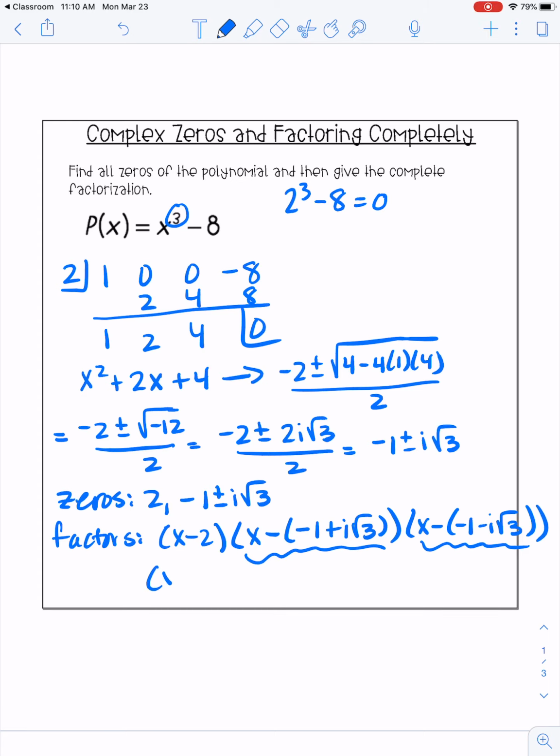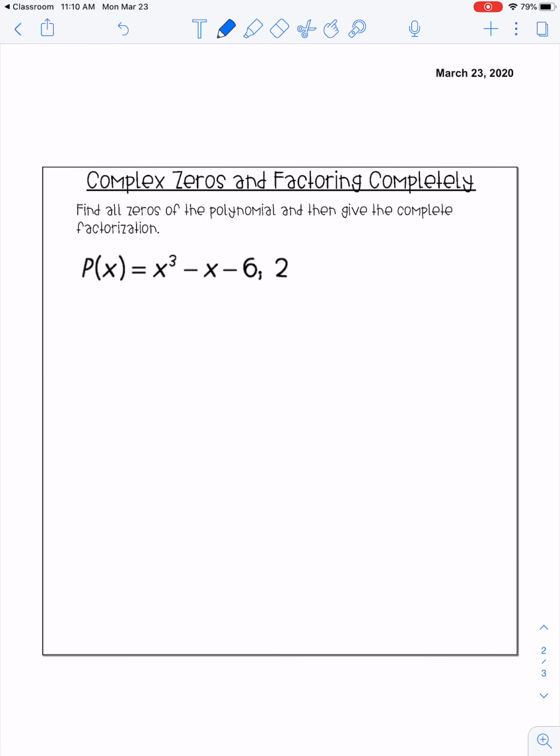So that's going to give me x minus 2. And then I'm going to distribute the negative. So that gives me x plus 1 minus i radical 3. And here I'm going to distribute the negative also. x plus 1 plus i radical 3. Okay, and I should have 3 factors. And I do because it's cubic. And I have my 3 zeros here. Okay, moving on to the next slide.